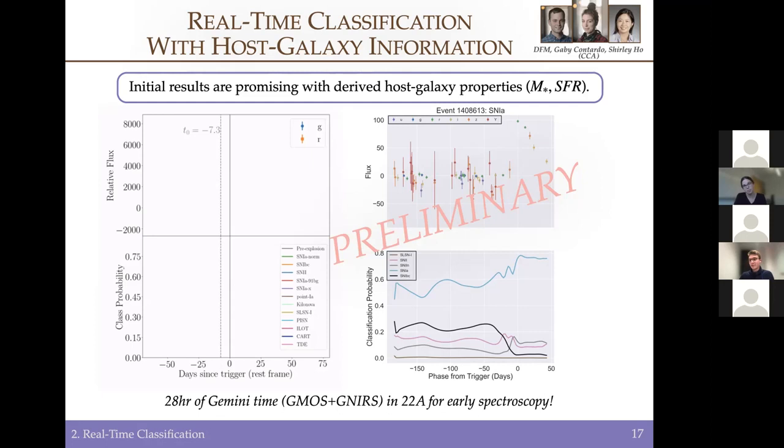If you expect type 1a supernovae to occur in big red early type galaxies, and then you find one in a really small, bright star forming galaxy, then my classifier might just say, we don't think that's a type 1a supernova. So yeah, I think it would not do as well for individual events. But if you're interested in the bulk properties of the class itself, then maybe it's okay that you don't find that one supernova.